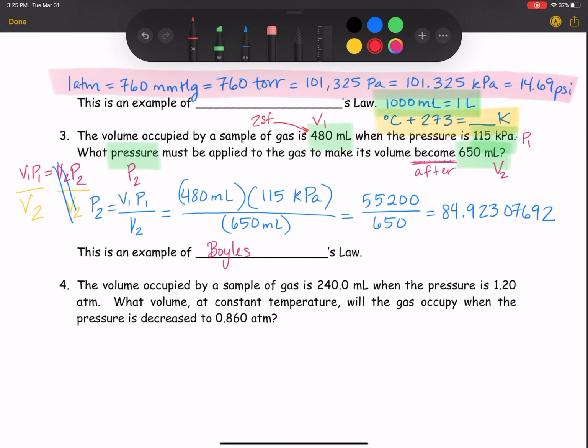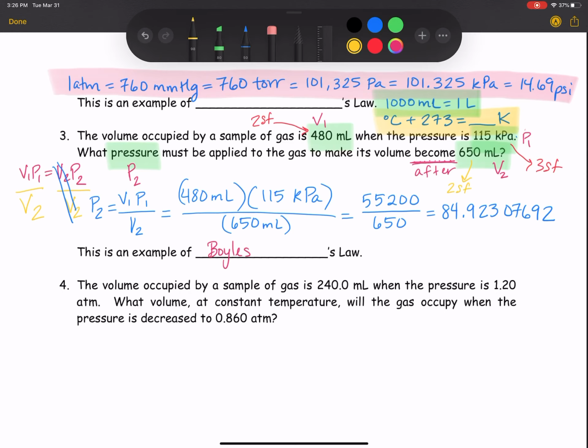My pressure is 115 kilopascals. That's 3 sig figs. I really shouldn't use 650 milliliters as part of my sig figs because that's not the reality of what I'm sitting and looking at. That's just a number of what I want it to be. If I were to accidentally use this as part of my sig figs, it's still 2 sig figs.